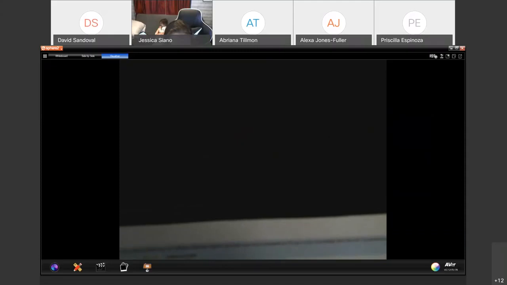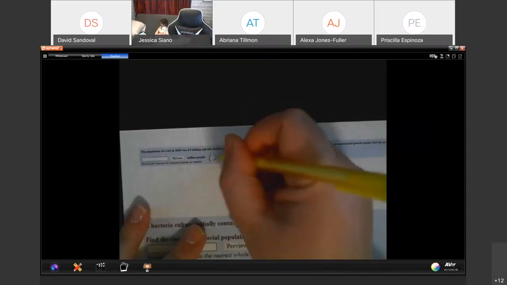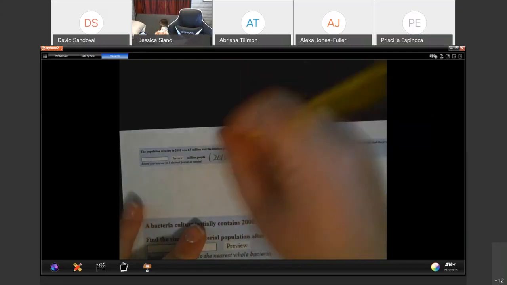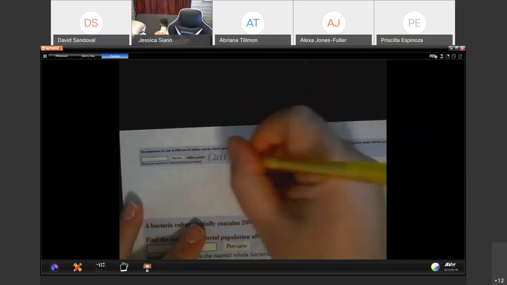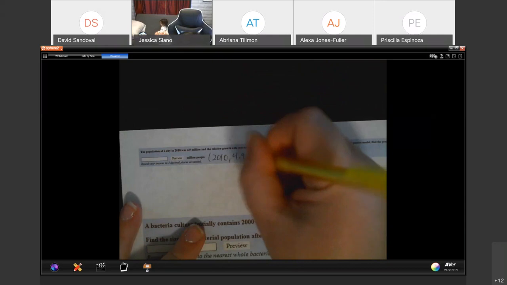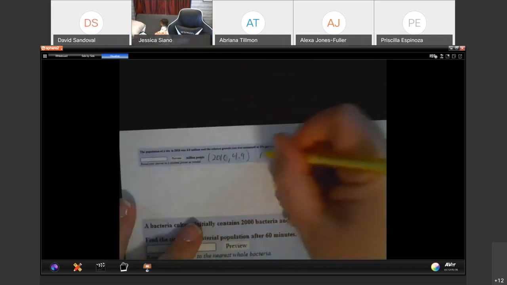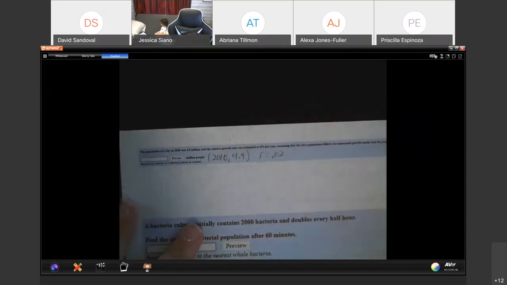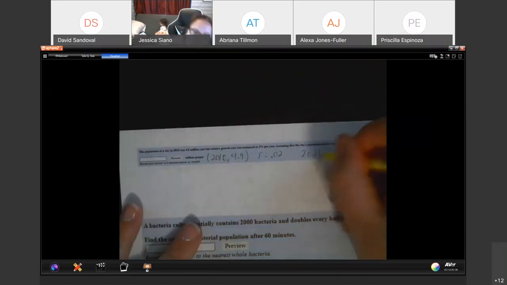The population of a city in 2010 was 4.9 million. Growth rate estimated at 2%. Assuming the city's population follows an exponential growth model, find the projected population in 2026.